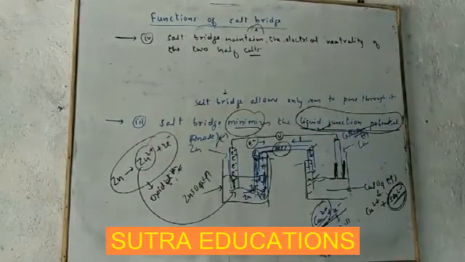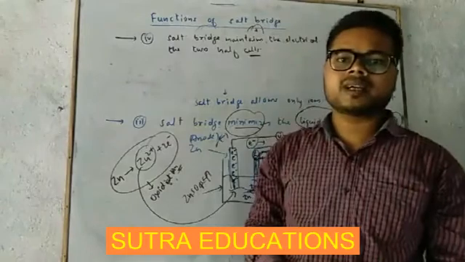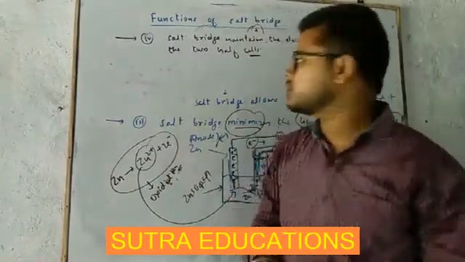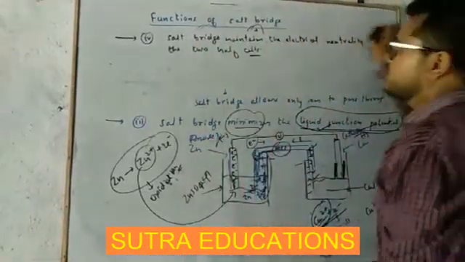Okay. Now come to the next topic, and it is electrode potential. But before this, we will be discussing representation of cell.